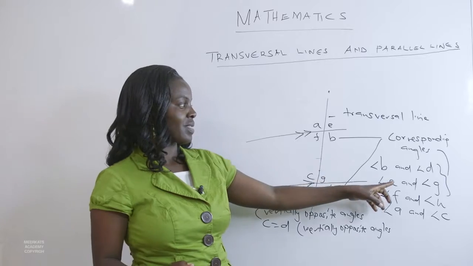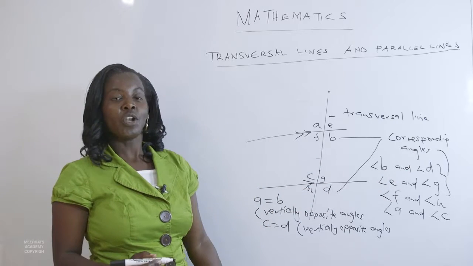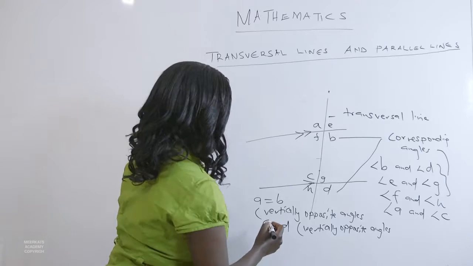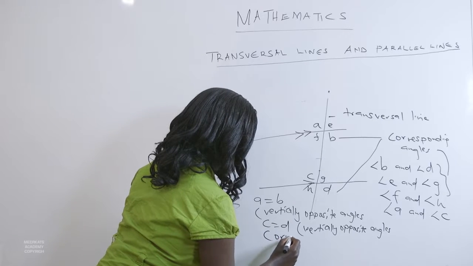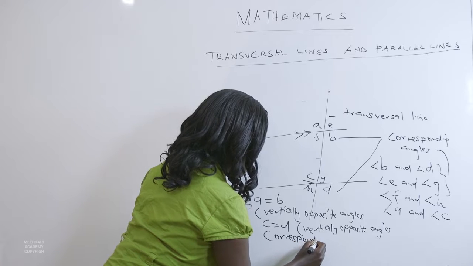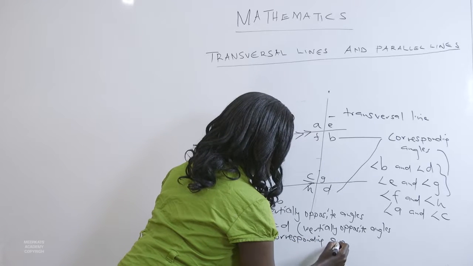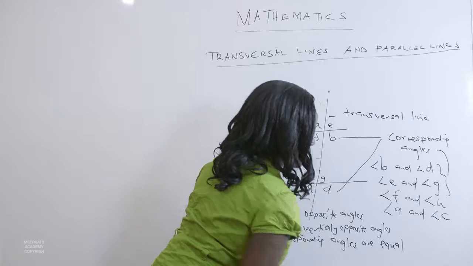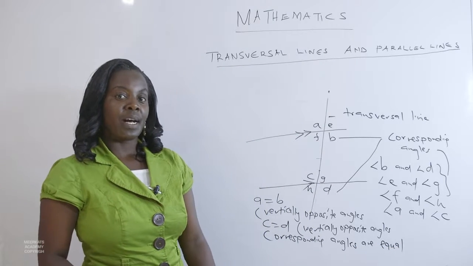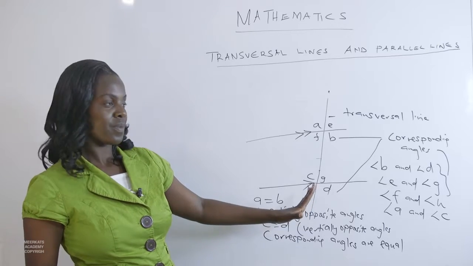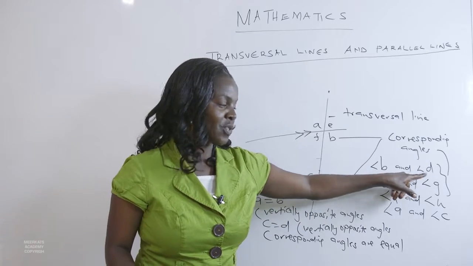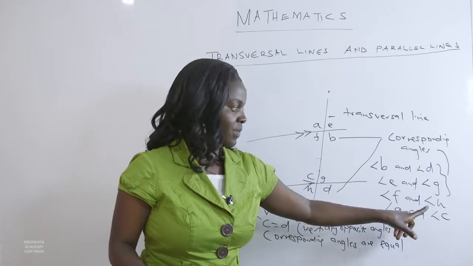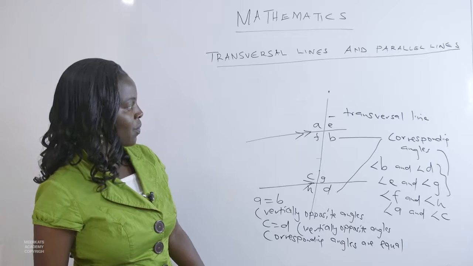So we call these angles corresponding angles. Normally, corresponding angles are equal. So these angles that you have mentioned here are all equal.